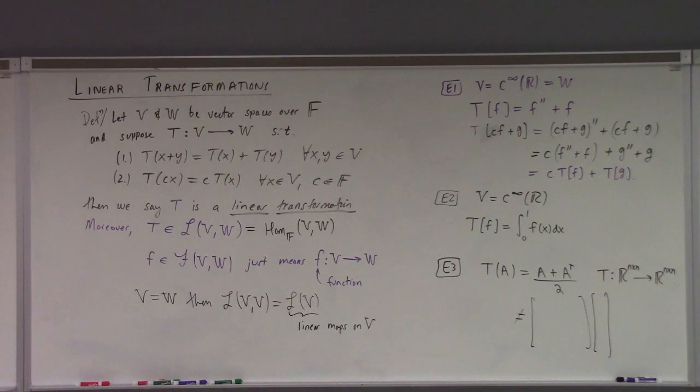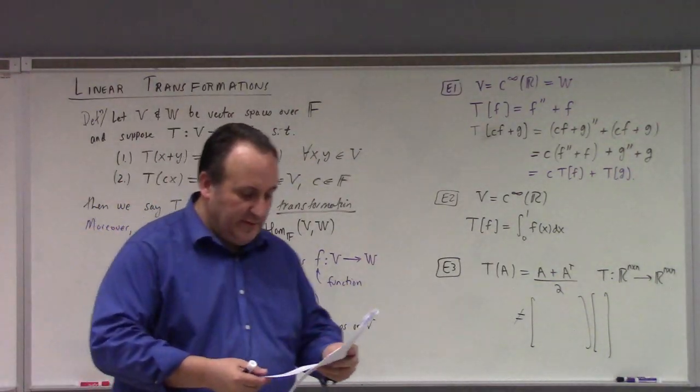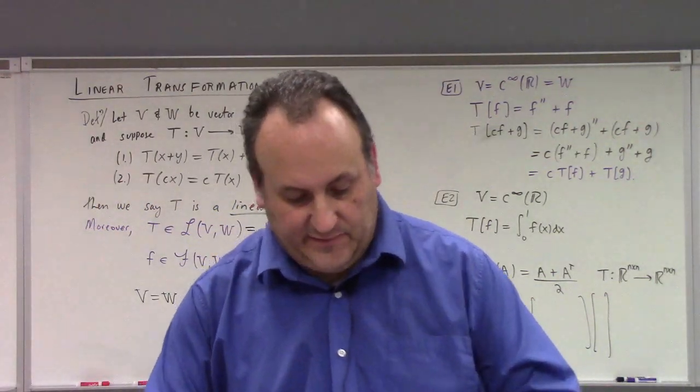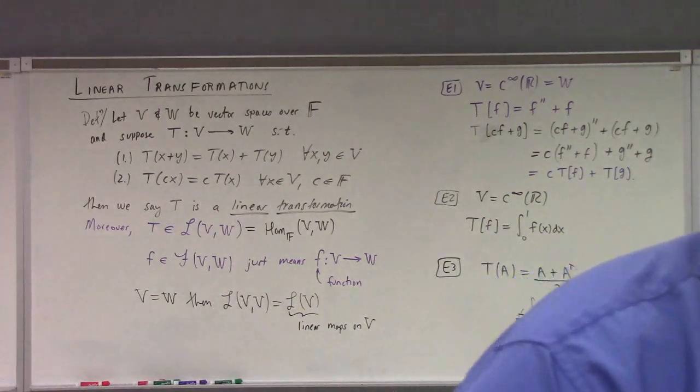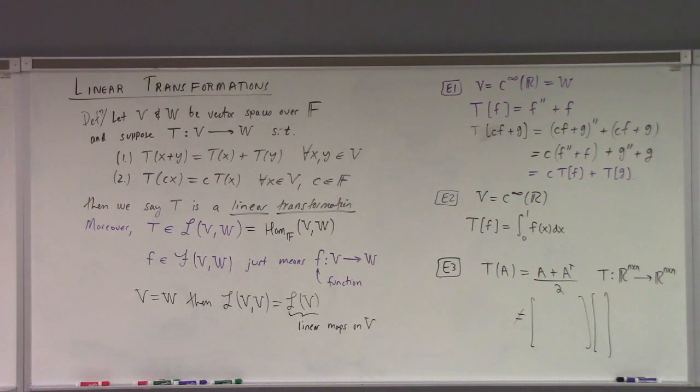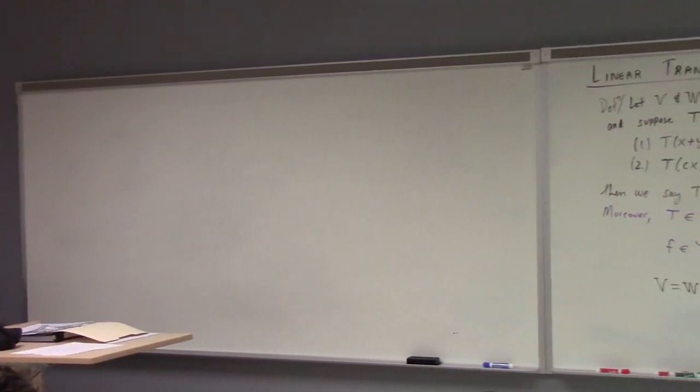And a good part of this course is really devoted to studying the structure of linear transformations. Answering questions like, when are two linear transformations really the same transformation? When are two vector spaces the same vector space? What do we mean by same? Those are questions that we want to answer as we go on. To do that, though, we need to build some tools. So let's get at that.